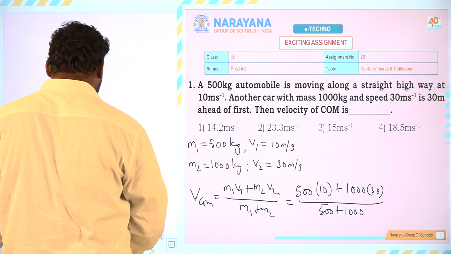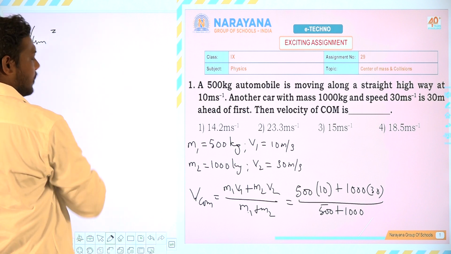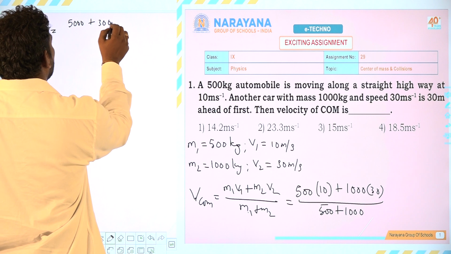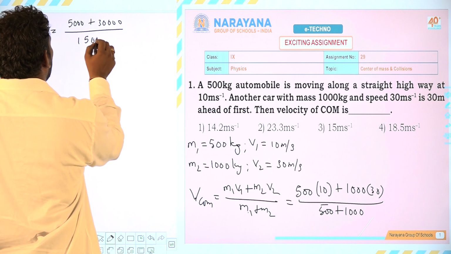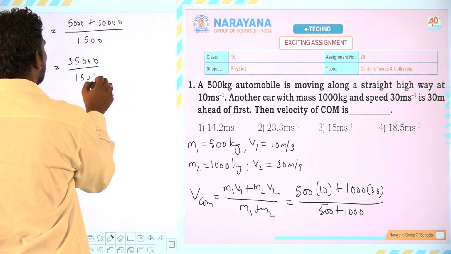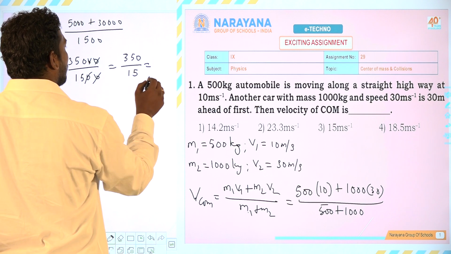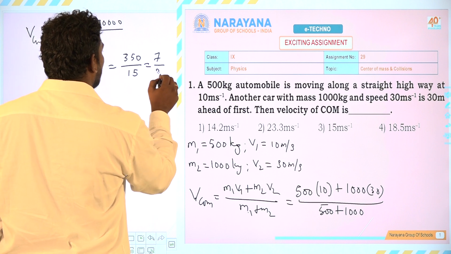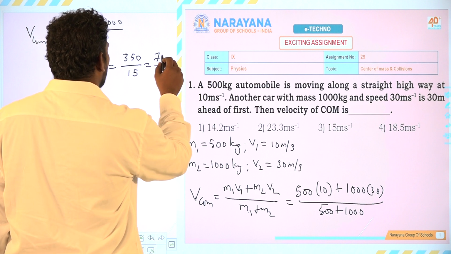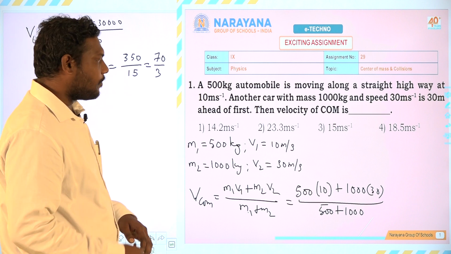Okay, so here I would like to calculate the things. So this VCOM is equal to 5000 plus 30,000 by 1500, which is equal to 35,000 by 1500 or 350 by 15 or 70 by 3.